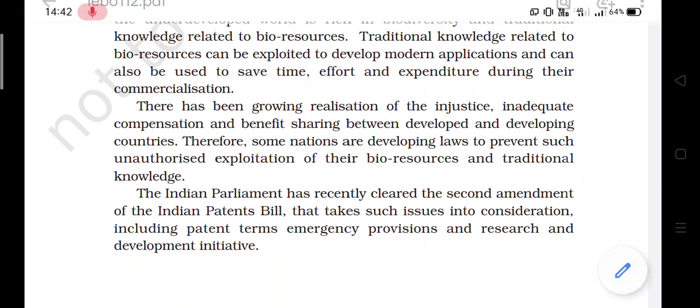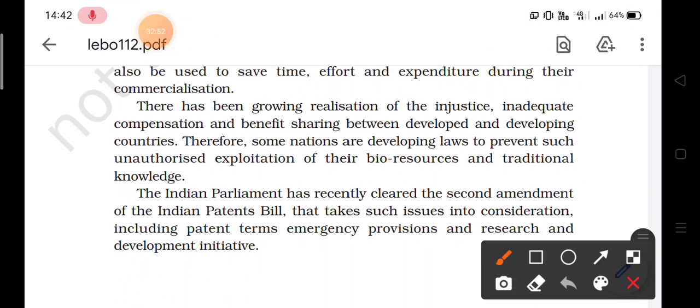So there has been a growing realization of the injustice. Inadequate compensation means injustice is happening, as they are not getting any compensation or amount, between the developed and the developing countries.